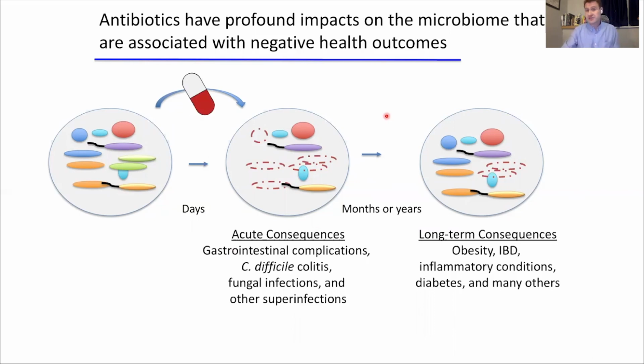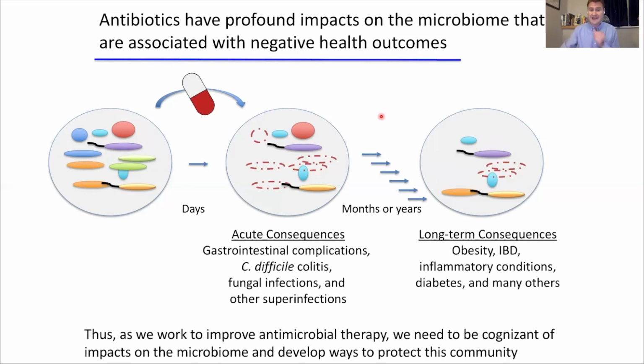Luckily, in most cases, our microbiomes are highly resilient and recover quite rapidly back to baseline, within days or months, but definitely within years. However, in some patients with prolonged antimicrobial exposure, or a CF patient who has multiple rounds of antibiotics given throughout the year and throughout life, there are long-term consequences from antibiotic-induced disappearances and dysbiosis, things like obesity, IBD, inflammatory conditions, diabetes, and many others.